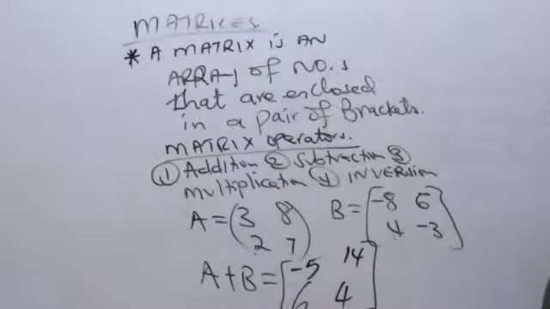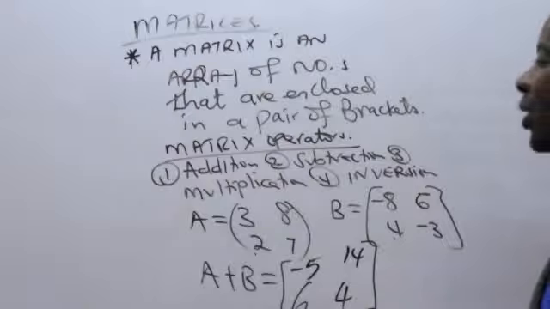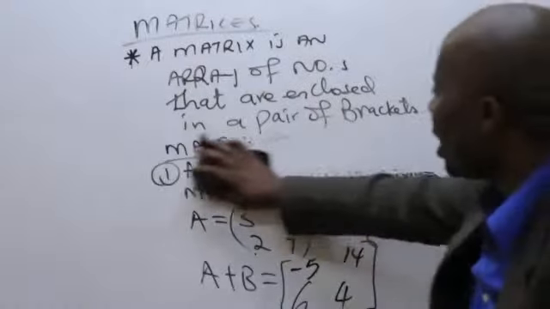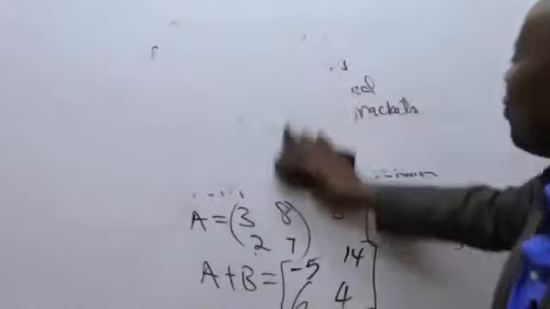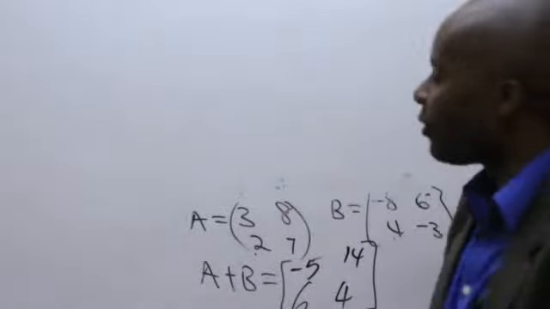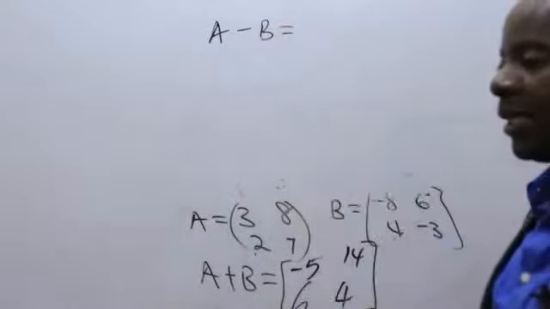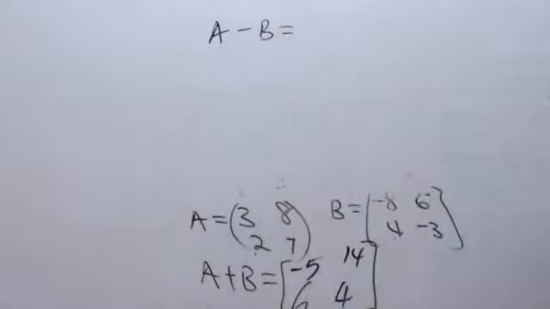What if, my great student, somebody tells you to subtract these two matrices? How will you subtract them? If somebody tells you to subtract A minus B, what will we get at the end of the day?